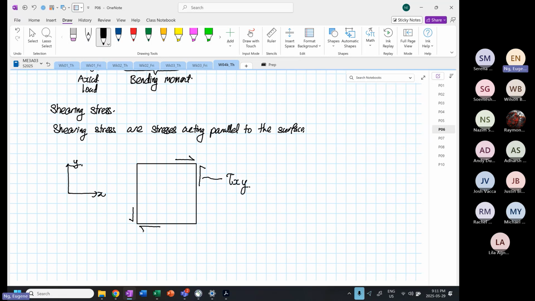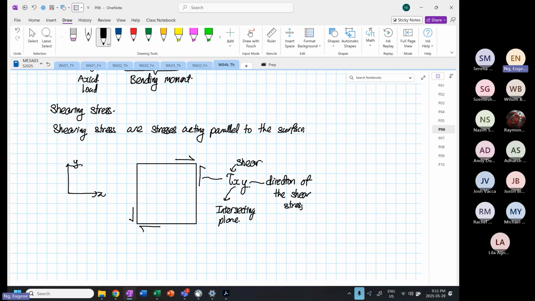Now, why is that known as shear XY? Tau over here means shear. X over here is the intersecting plane. Y down here is the direction of the shear stress.